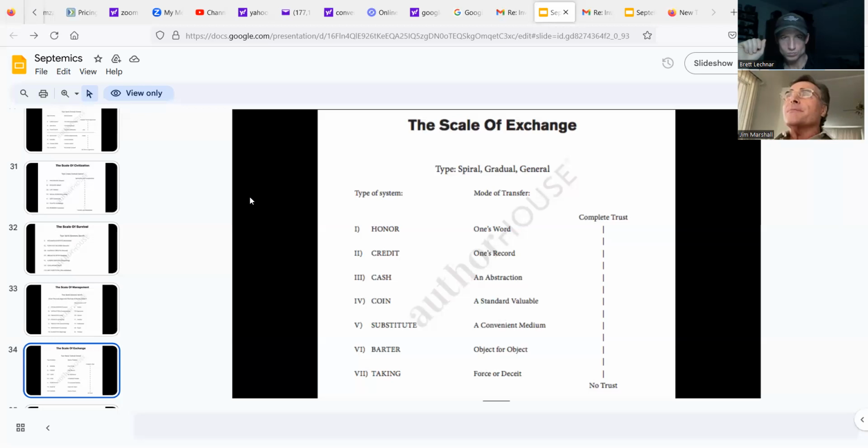So a guy comes up to you, pulls a gun on you, says, give me your watch and your wallet, right? He's taking them. He's using force or deceit. Now, deceit is like the con man. He's taking your stuff by deceit. So how is this exchange? Well, let me tell you this. The mafia comes around, right?